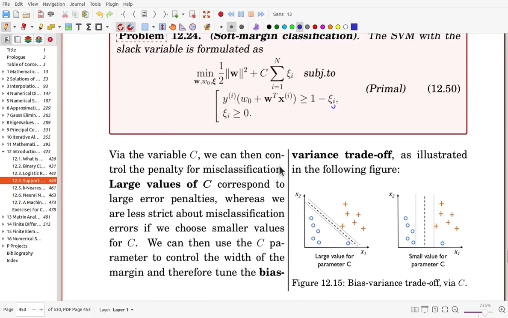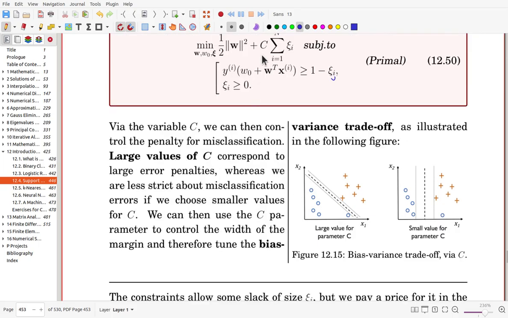For example, now C is a sort of controller. Once C is large, that means the slack variable should be smaller. In this minimization, if C is large, then the other part must be small. For large C, the slack variable becomes small, so that we can find such a strip, and that strip has the maximum possible margin.